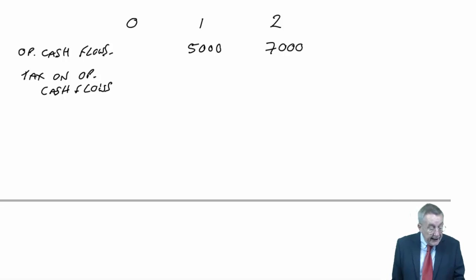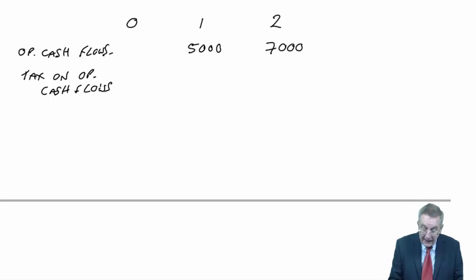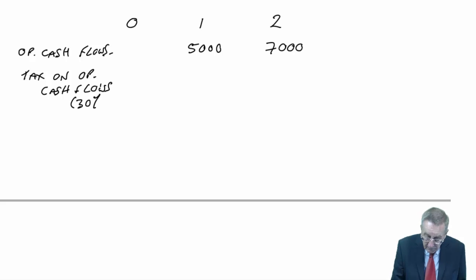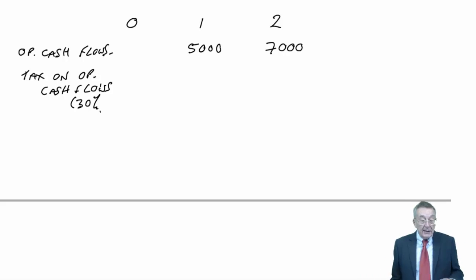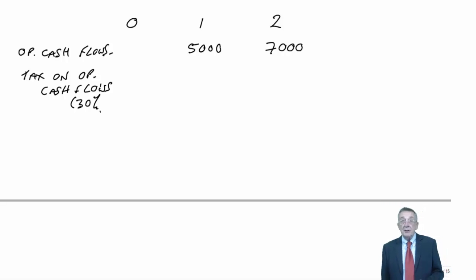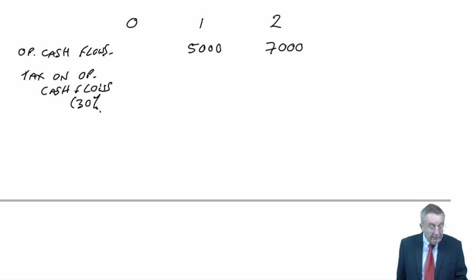You'll be given the tax rate, and if you look 3 lines from the end, it says corporation tax, company tax is 30%. So the tax on 5,000, 30% of 5,000 will be 1,500. However, always read carefully.